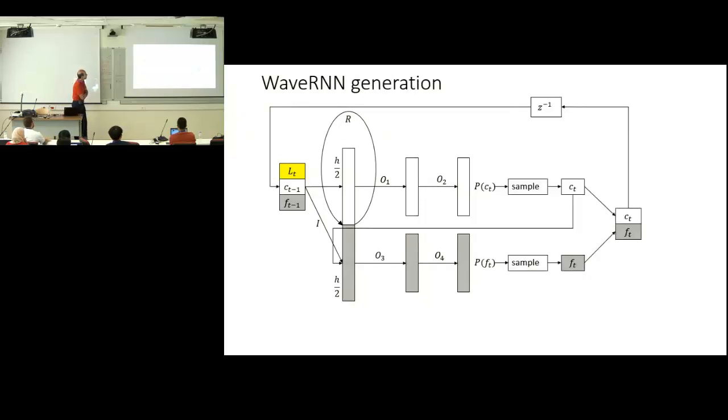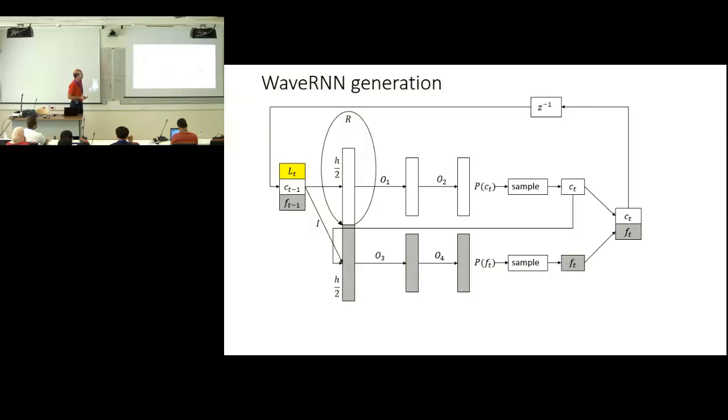During generation, the generation of coarse and fine bytes is serialized. First, we put as input the coarse and fine bytes which were predicted in the previous time step, initialized to zeros, for example, in the beginning. We pass through the first part of the network, which is related to the coarse prediction.